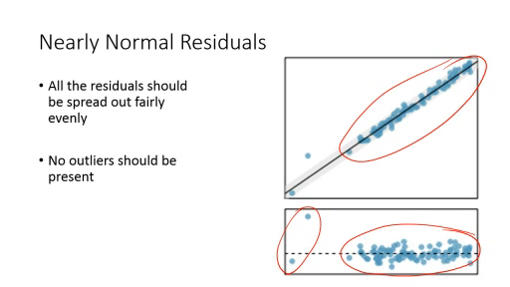This is what you want it to look like: all the points are bunched together, and that line is easily formed. We don't want outliers that are really just throwing things off, way out of tune. We want to identify what those outliers are and why, so we shouldn't have outliers present. Now, it's almost impossible; you'll always have some outliers present in any sort of data.